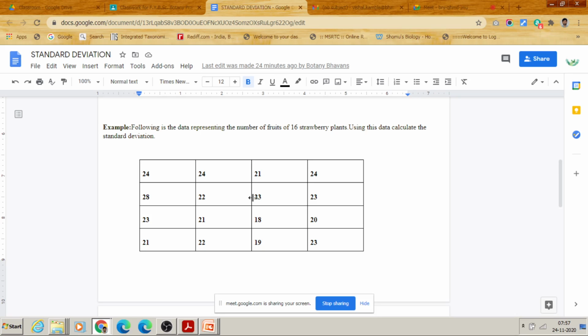At that time, to standardize the error, to standardize the deviation, we have to go for some modifications in the process, because of the individual observation, say 24 strawberries per plant, if it is considered along with the average, suppose 28. So 28 and 24 make a difference of 4 strawberries. At the same time there may be a 21 also.